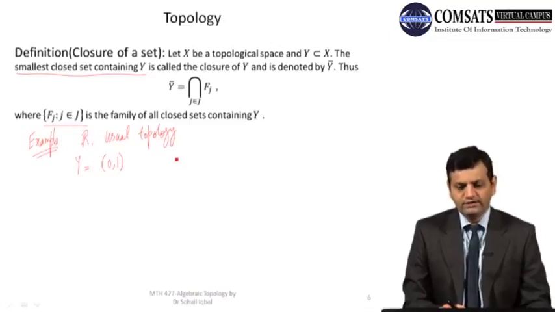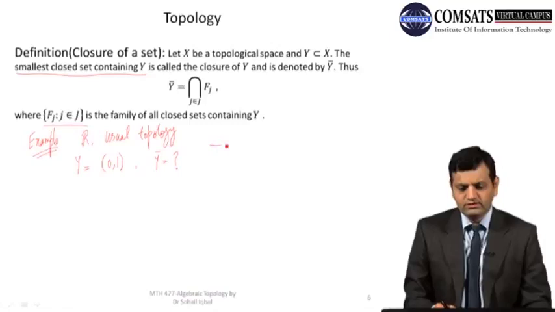Now I need to find the closure of Y. So according to the definition, it has to be the smallest closed set containing Y, or the intersection of all closed sets containing Y.